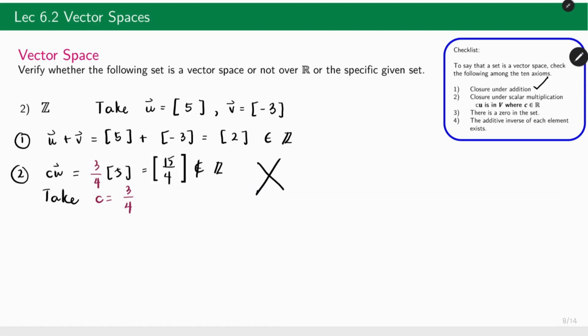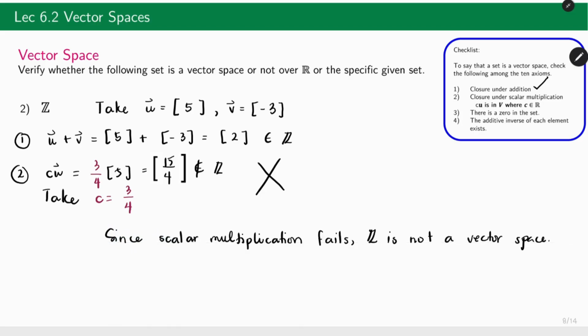If one of the conditions or axioms fails, then the given set is not a vector space. Always remember that all of the axioms must be satisfied. If one of them will not be satisfied, then the set is not a vector space.